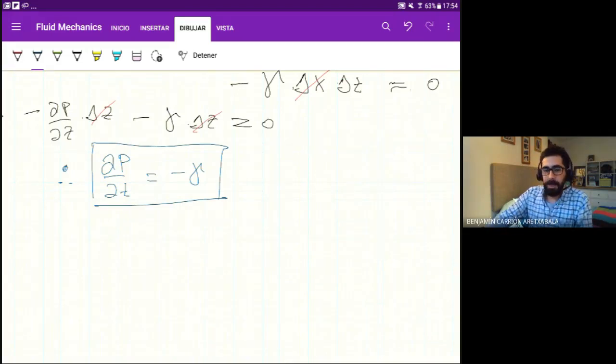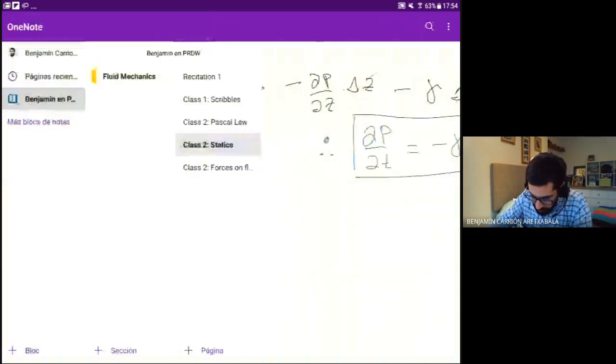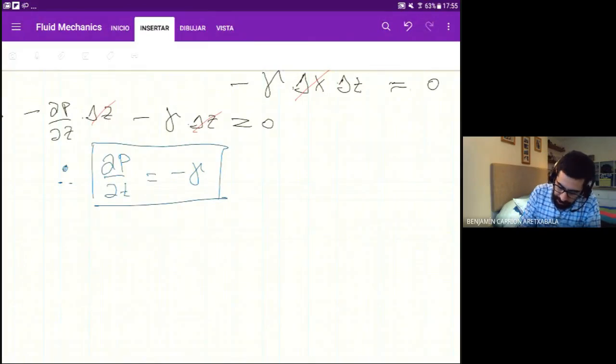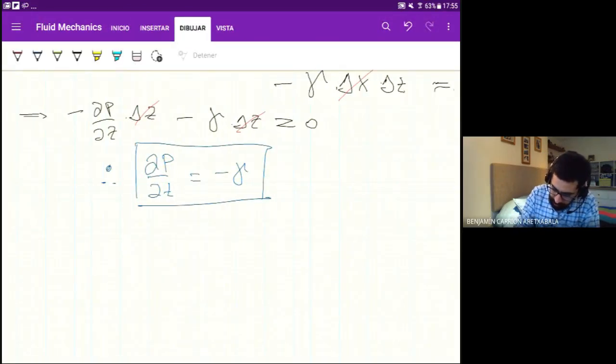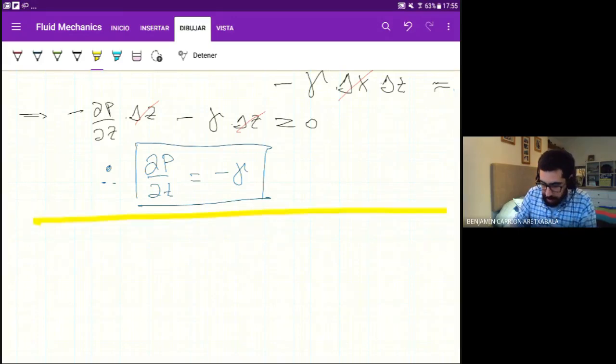Now, what does it mean? What's the implication of this? Let me write a new section. So what's the implication of this?